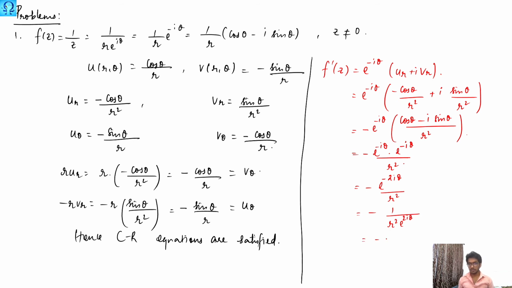I don't know whether you people can see it. So this may be further written as minus 1 upon r e to the power iota theta whole squared. So this is nothing but minus 1 upon z squared. If you directly differentiate this quantity, provided your z is non-zero, you are going to get minus 1 upon z squared, right? So that is what we have verified here.